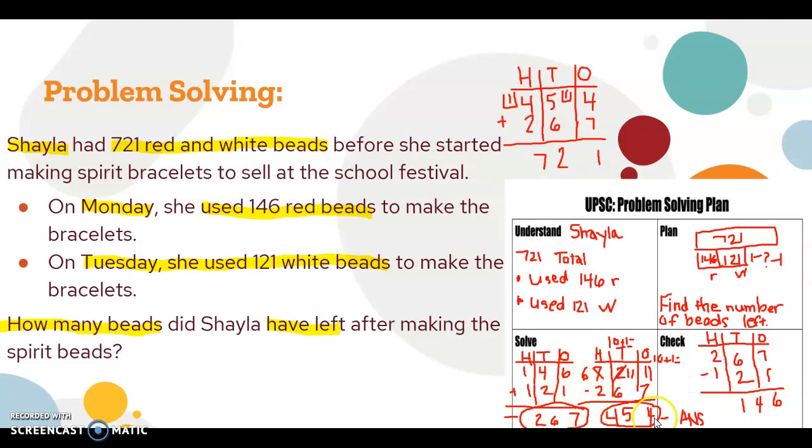So if you have a multiple choice problem, you can also have 267 as a possible answer solution as well as 454. But we know the correct solution to the question that we're trying to solve is 454. She had 454 beads left after making the spirit bracelets. So just be careful and do something to let you know, like I would circle it and write ANS beside it to say that is your answer.